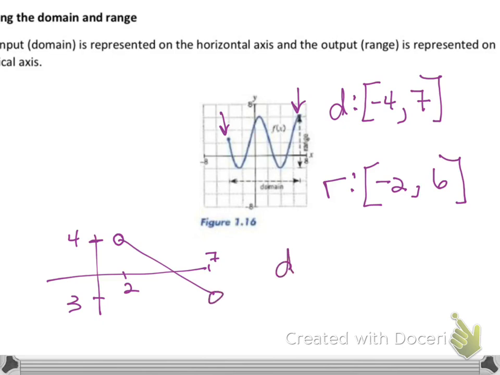I would therefore say the domain went from 2 to 7, not inclusive, and the range went from, starting low, -3 up to 4, not inclusive. So you see the difference between those two types of notation and what they indicate.